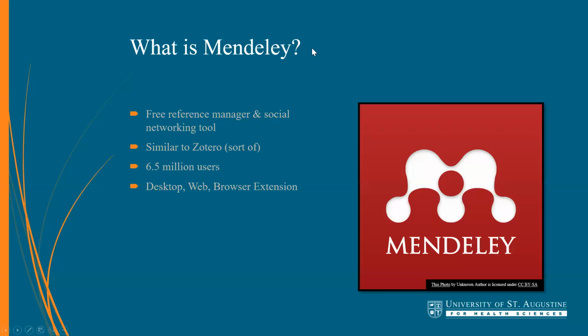So the desktop application is the one that is downloaded to the desktop of your computer, and then the web account is the one that you're going to log in with when you're on Mendeley's homepage, and then the browser extension is the tool that allows you to quickly import citations into your library. Did that answer the question?